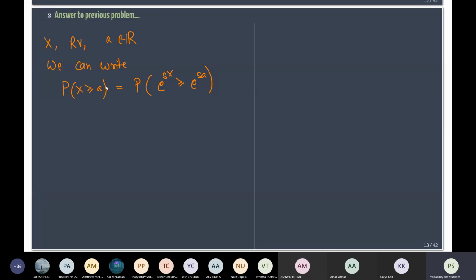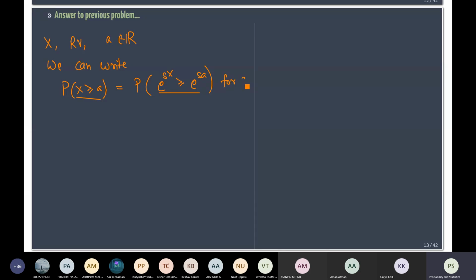The condition that X is greater than or equal to A is the same condition, because if I had to solve this, I would take a logarithm and it would give me the same inequality. So they generate the same sample space. That's what I'm trying to say. So hence the probability did not change.